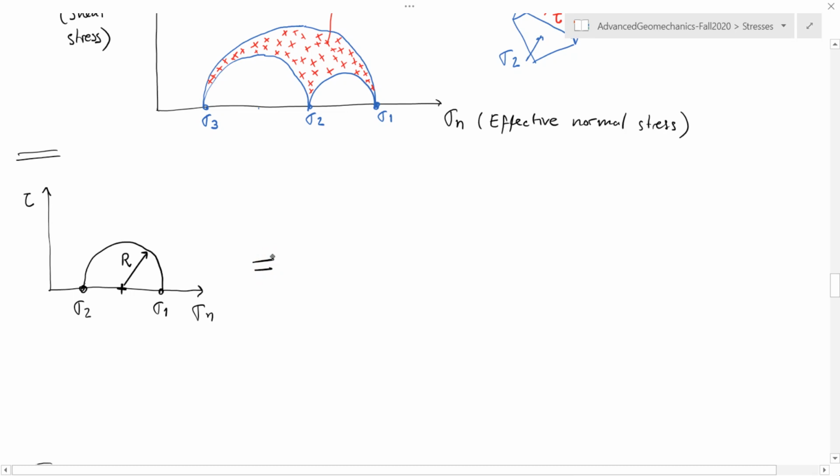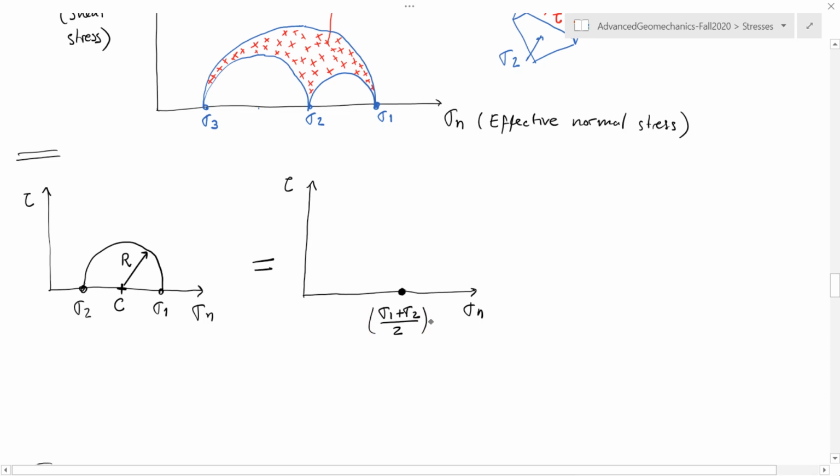And these two parts are going to be the first one, which just depends on the center of the circle, the center C, and it's just going to be a point in the x-axis with coordinate in x (sigma 1 plus sigma 2) divided by 2.